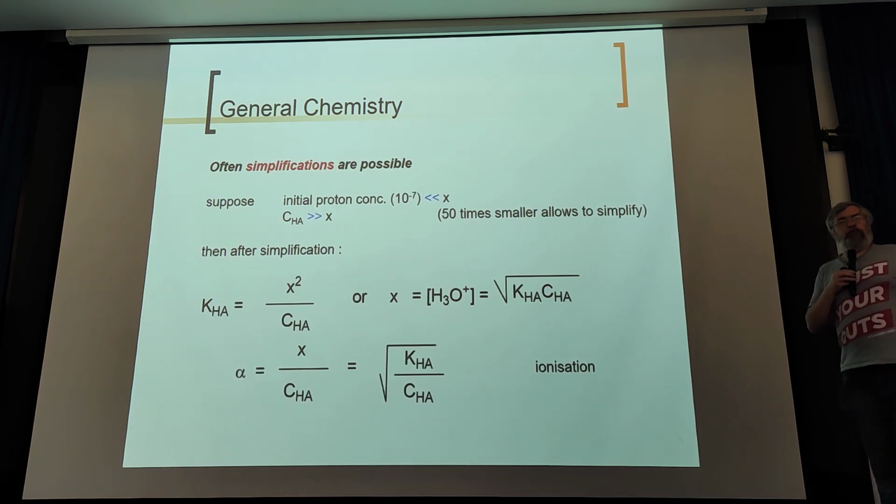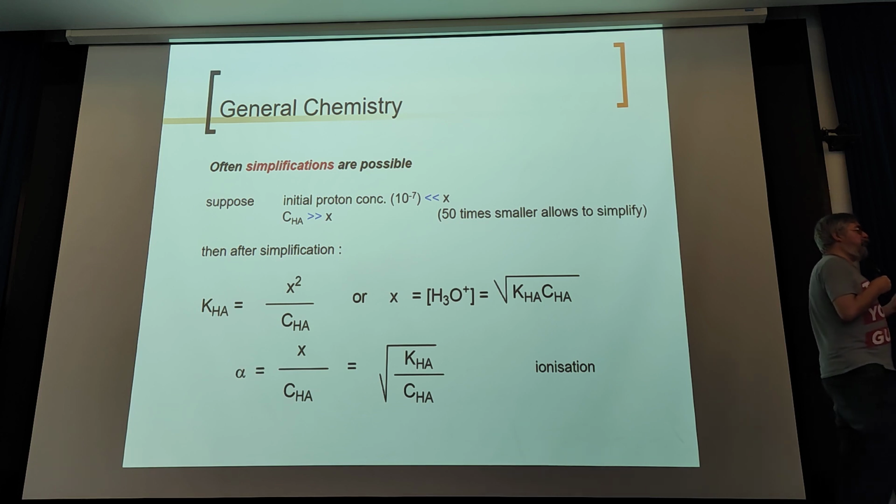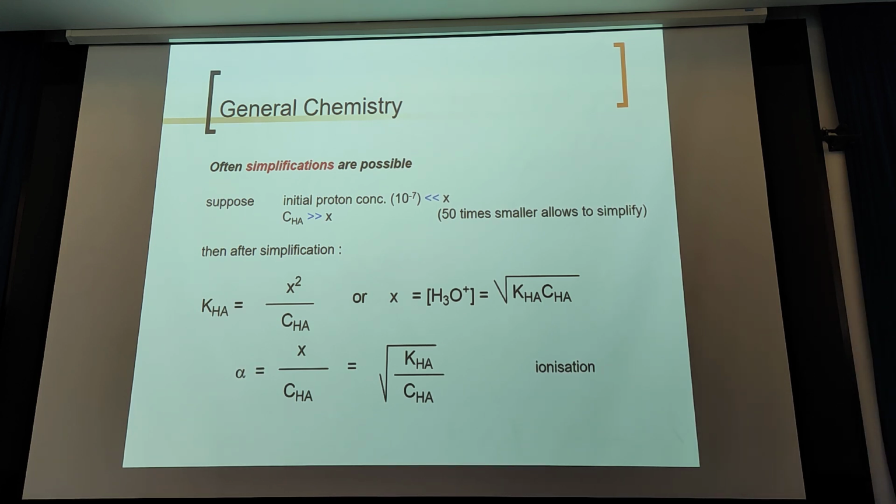So, let's assume a few things. They may or may not be true, but in most cases, they will be correct. So, let's first of all assume that this 10 to the minus 7 concentration of H3O+ is not relevant as compared to the H3O+ that will be forming. So in that case we can already omit that. Let's also assume that our concentration of the free acid, the one that is not ionized, is much larger than the part that is ionized.